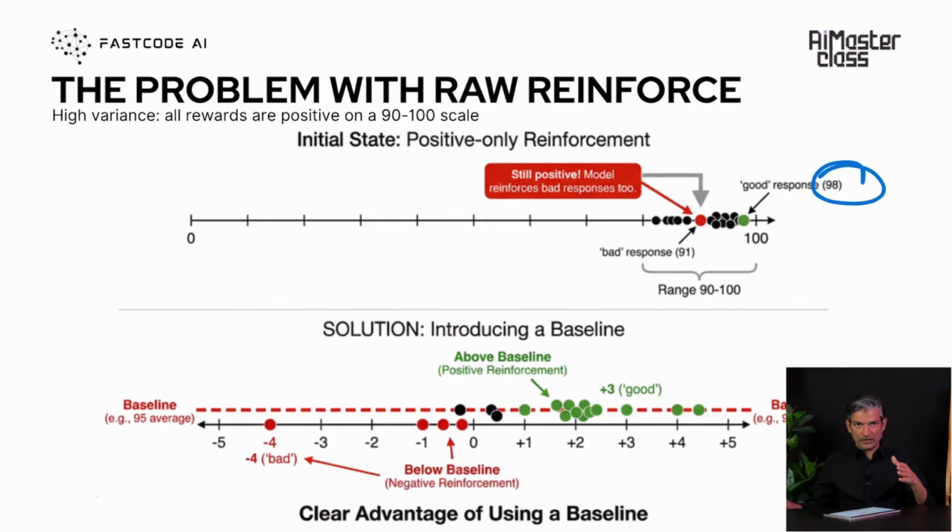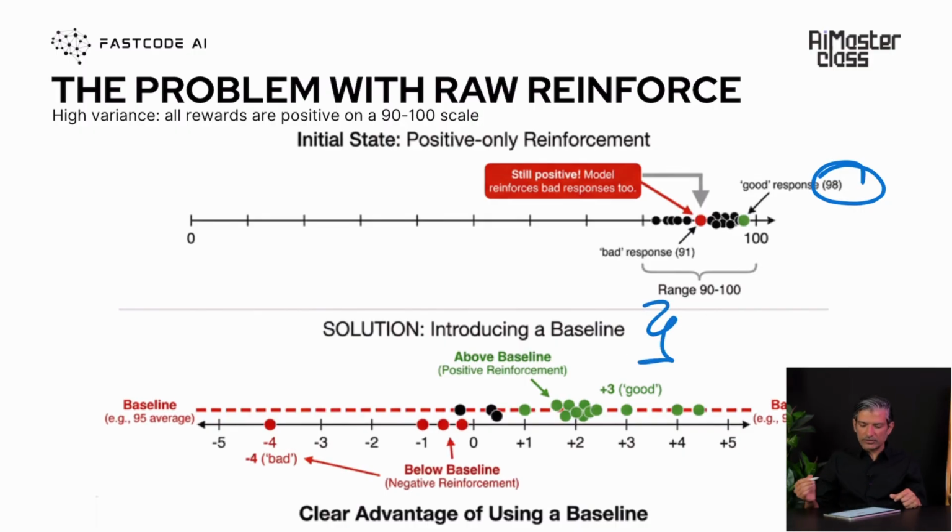What is your happiness between 1 and 10, 1 being very low and 10 being very high? So 1 would sometimes be negative, if I say I'm 2 happy or 3 happy. But here, if it's between 90 and 100, the model still thinks this is a great output, and it gives it a very positive reward, a very positive scaling factor. So the solution is simple.